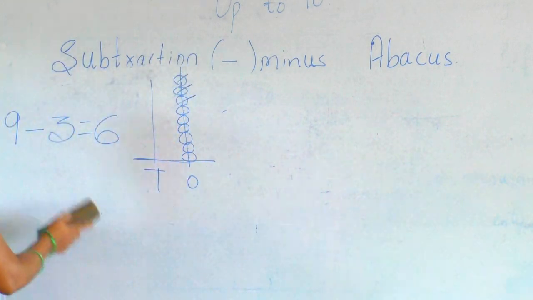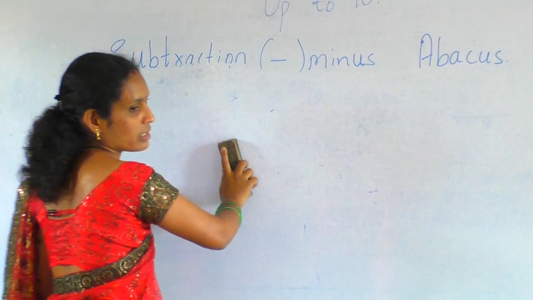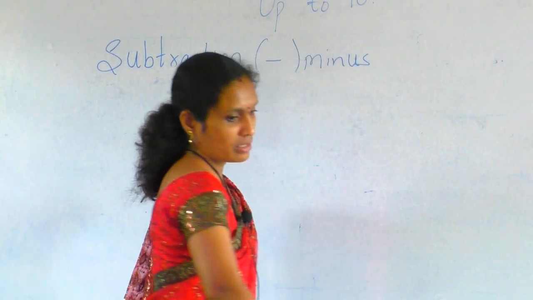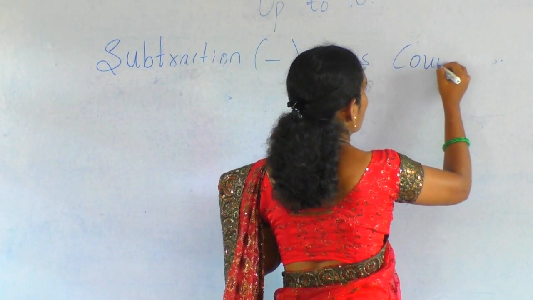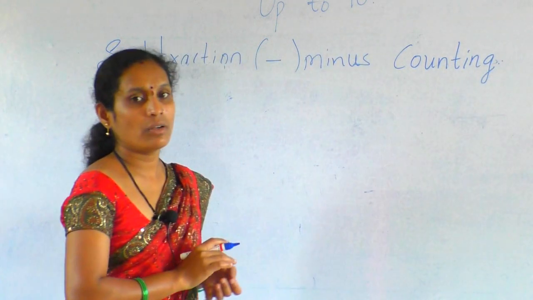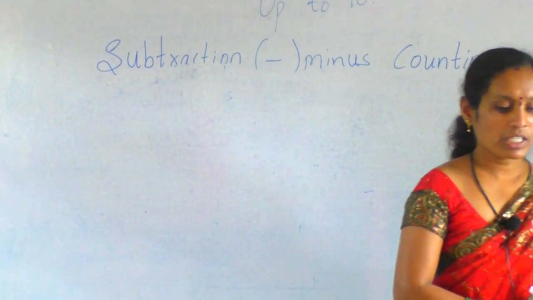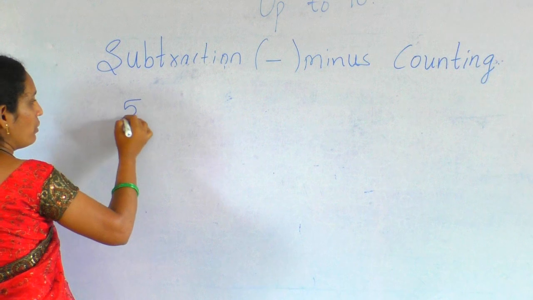So, next, subtraction. How to subtract the numbers by the counting method. See now, how to subtract the numbers. First is 5 minus 2.